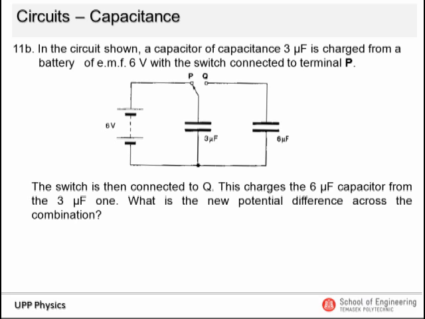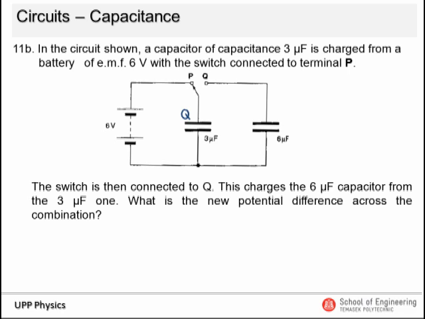So let's assume that the charge that is stored on the 3 microfarad capacitor to be Q. Take note, 6 volts is connected to the 3 microfarad capacitor, meaning 6 volts will be the potential difference across the 3 microfarad capacitor. And 6 volts is needed to charge up this capacitor to a charge Q.